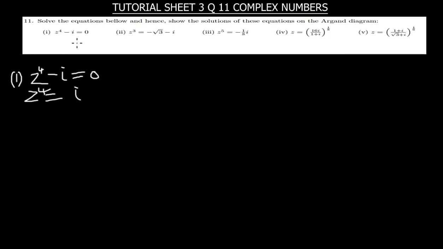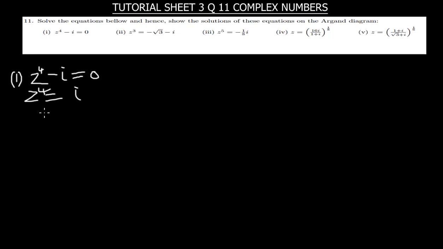Now, since the question is telling us to solve the equations and show the solutions on the Argand diagram, I'll start first by solving the equation. By solving the equation, they are simply asking me to make z, or to leave z alone. z should not have any power.